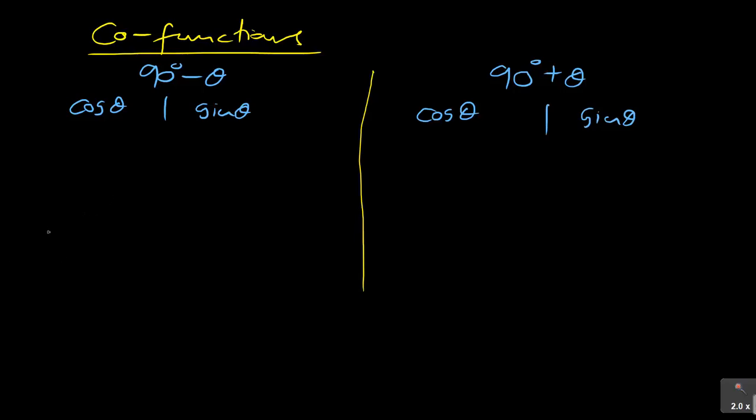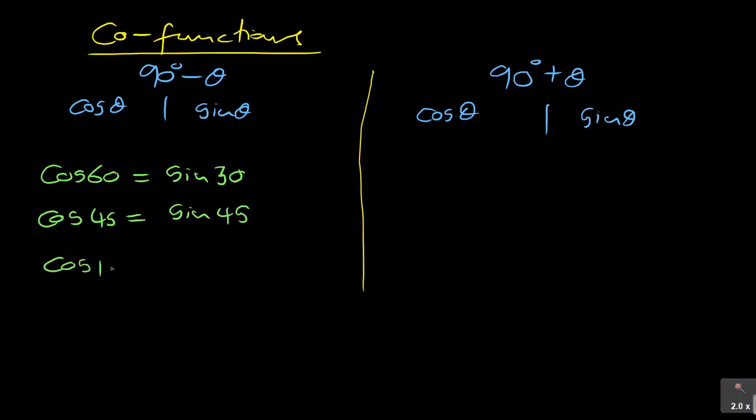Let me play around with you just to notice something. If I say cos 60 is equal to sine 30, I'm going to test it for you. If I say cos 45 is equal to sine 45, if I say cos 10 is equal to sine 80, if I say choose any number, you can choose any number.